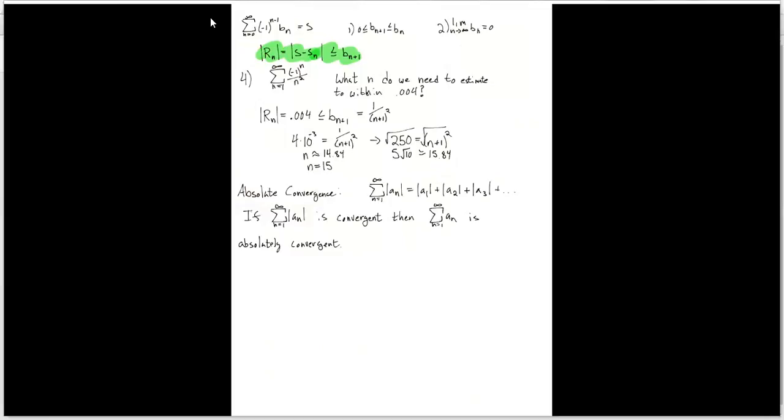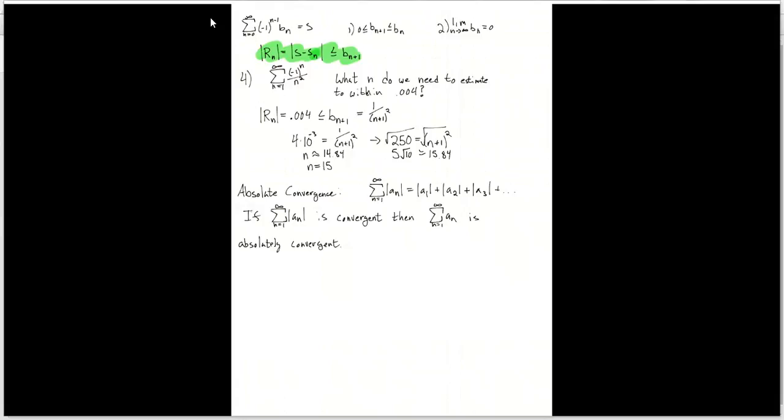So this means that the magnitude of each one of these terms added together, if this whole sum is convergent, then the sum that we started with that doesn't have the absolutes is called absolutely convergent. Okay?